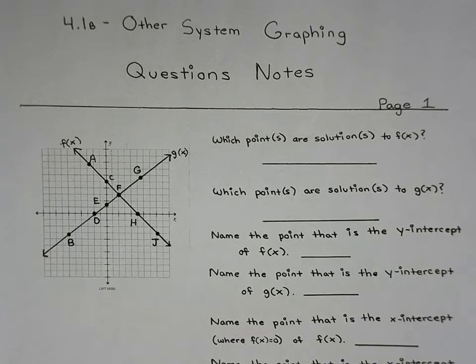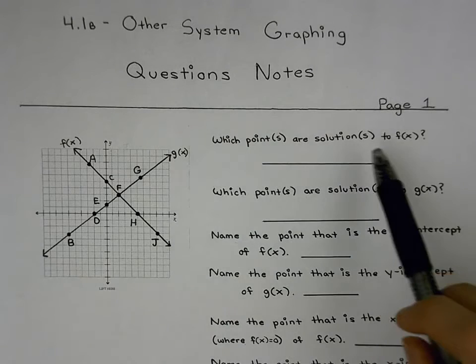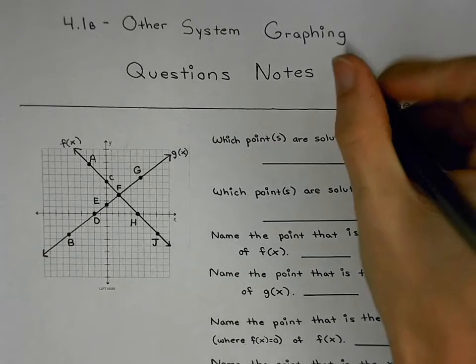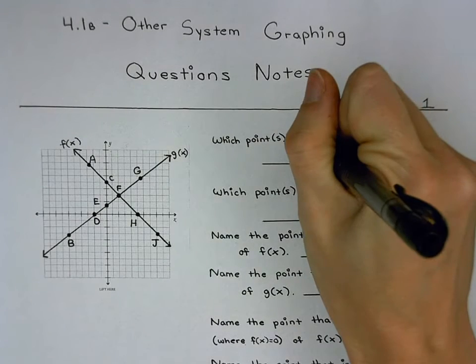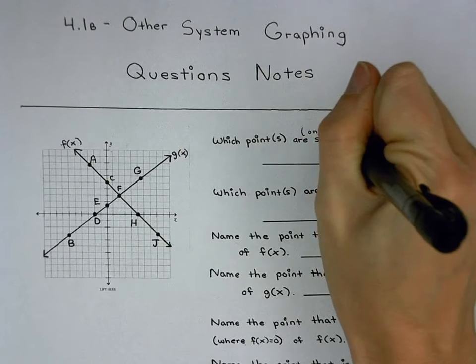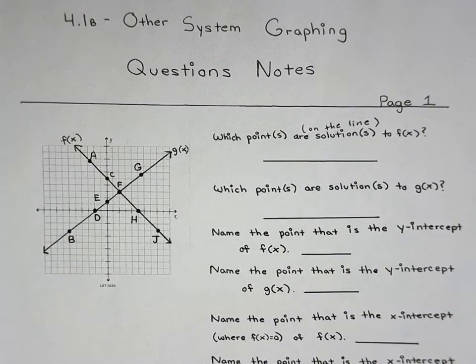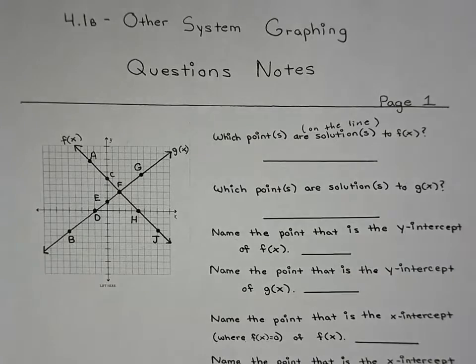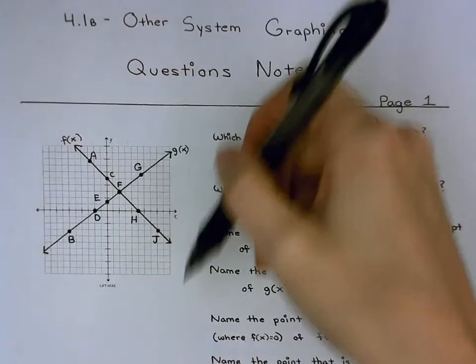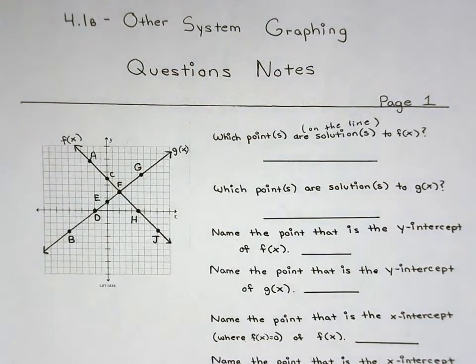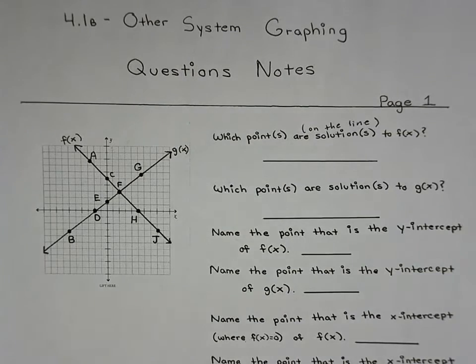So when we're looking at this question, which points are solutions to f of x, what it's actually asking me is, which points are on the line of f of x? To answer this one, we're just going to trace along f of x here and name every point that sits on f of x, because each of those points is a possible solution of this equation.